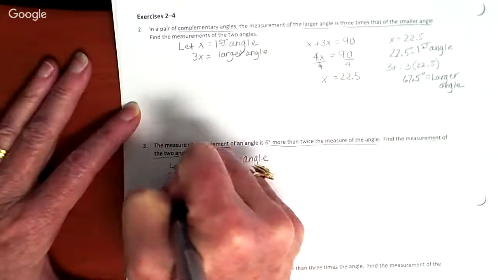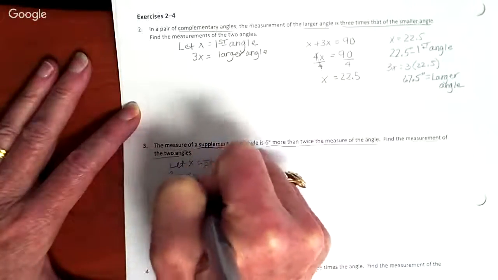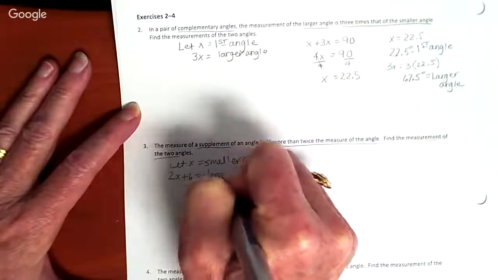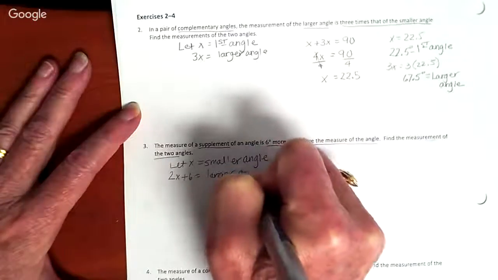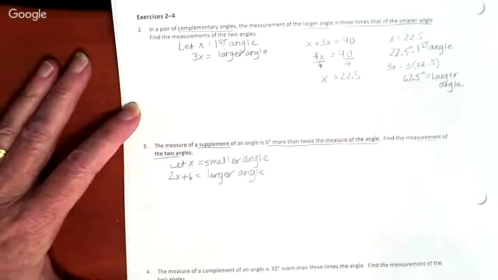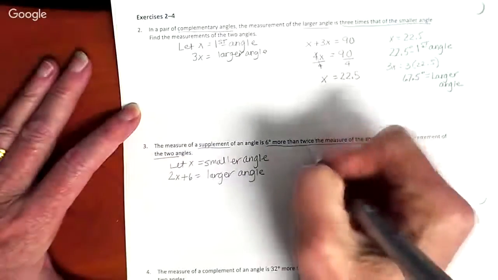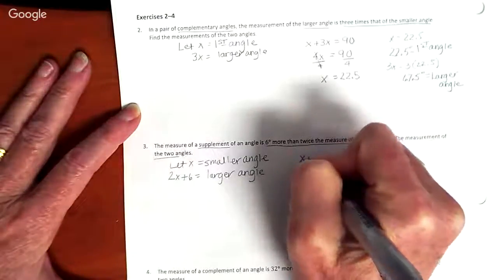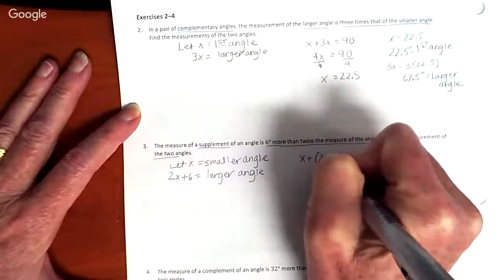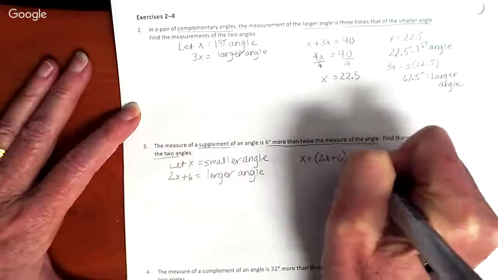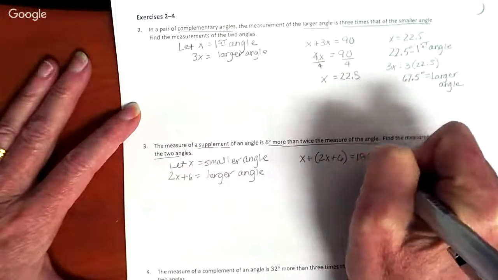And let 2x plus 6 equal the larger angle. Because it's supplement, they're going to add up to 180 degrees.